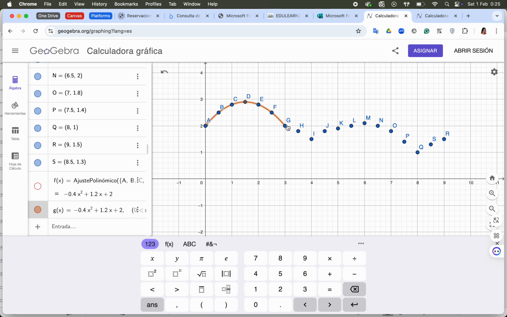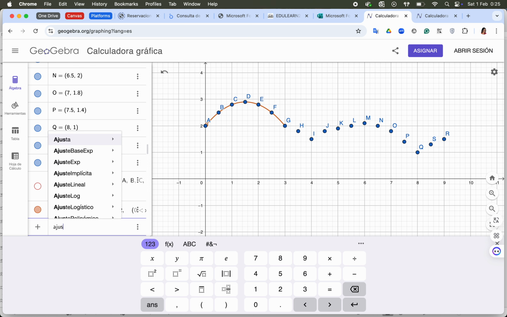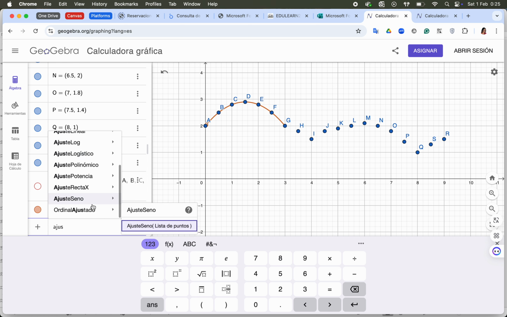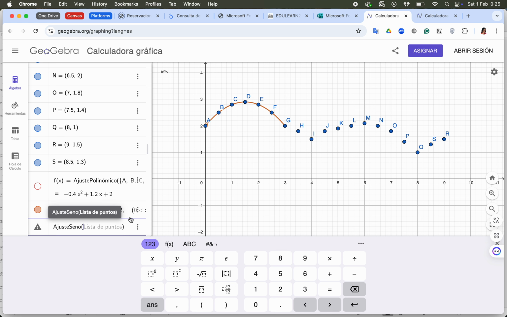So another example. So maybe in here we can have a sine function, maybe. So let's see. I'm going to write again ajuste, and I'm going to the last one that is ajuste seno. Again, it asks me for the set of points, so curly bracket, and I'm going to start.